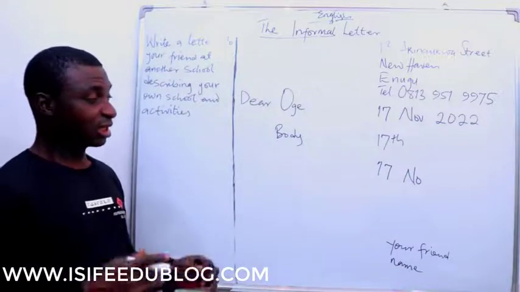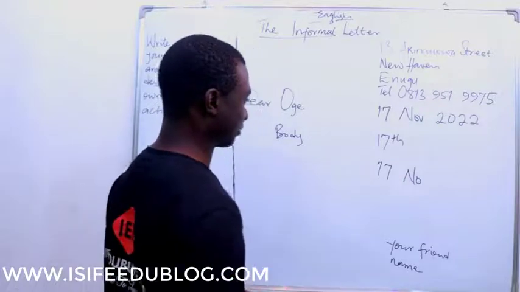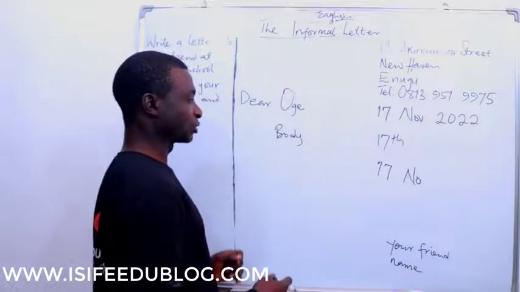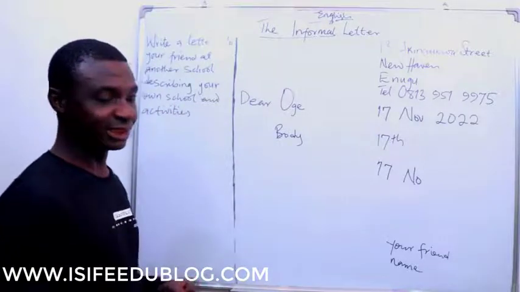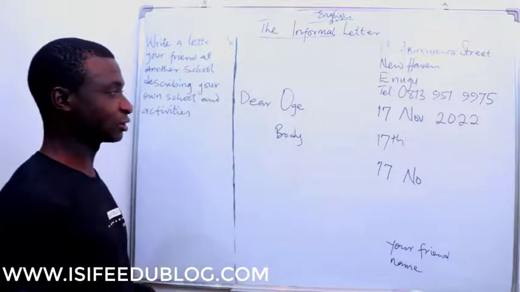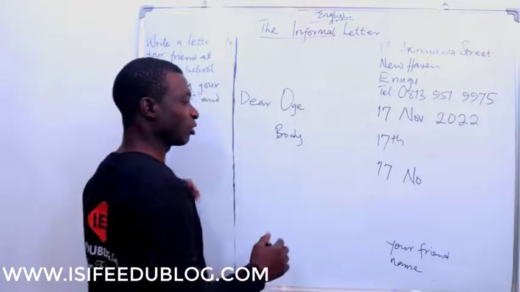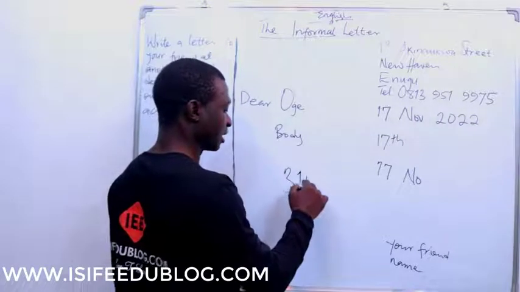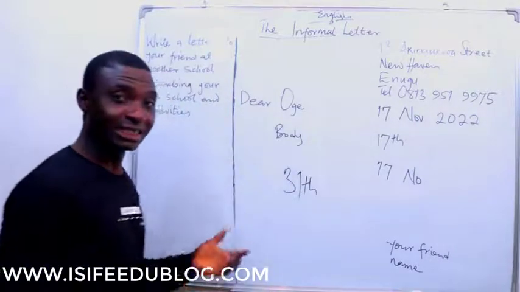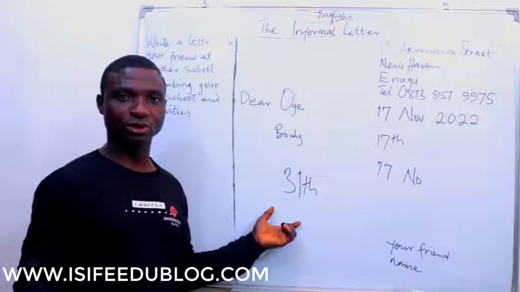Let me tell you this story. I was passing by someday and I saw a signboard advertising a particular church's crusade. I do not want to mention names. What I saw on the date was 31. I'm telling you the truth. 31. Where does that ever exist in the English language?